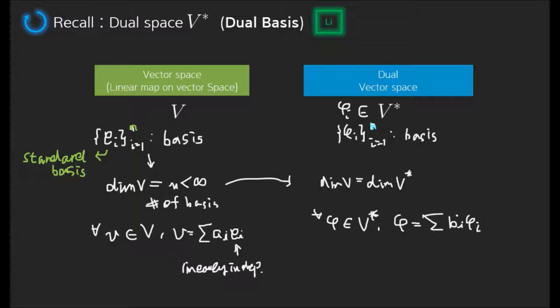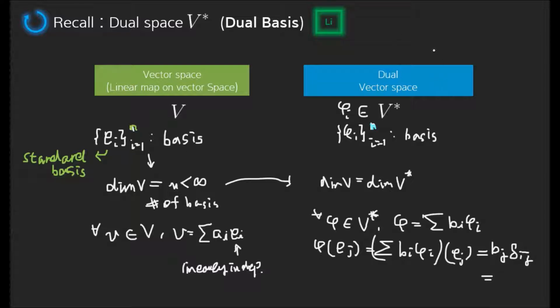So we can find the coefficients b_i by substituting e_j, as I said: sum of b_i phi_i(e_j). Then only the term where i equals j survives, so the sum is already gone, and in this case this is b_j, the Kronecker delta i j.